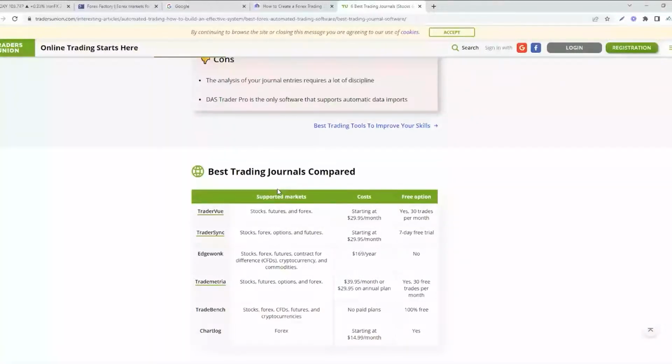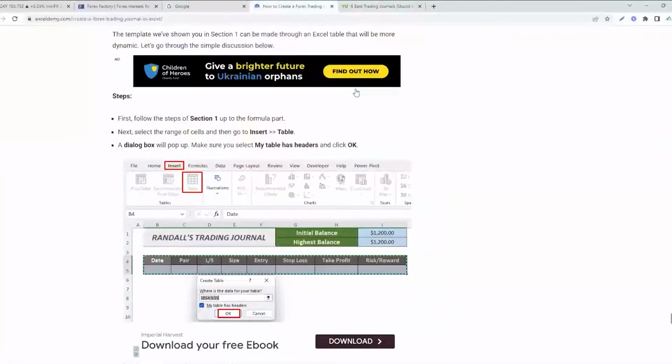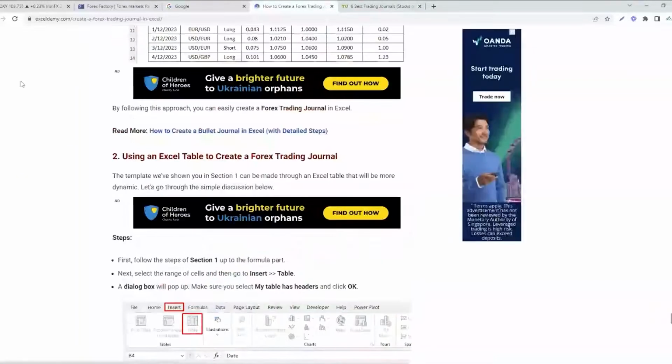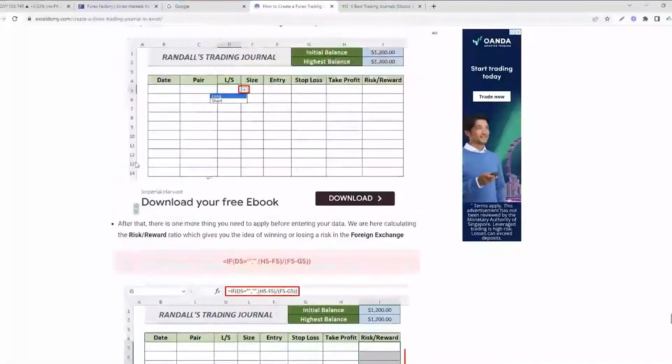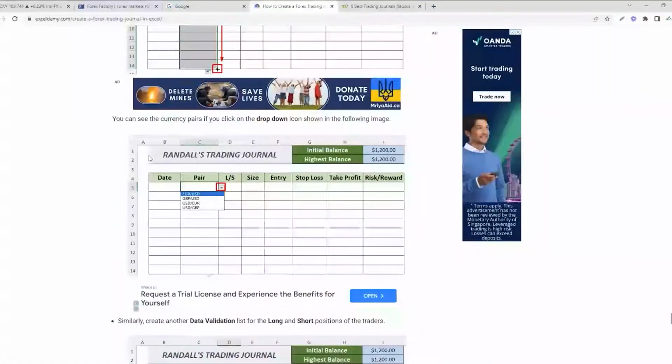So you can look through this and also do your own Google search for any other updated journals that are available. And of course, this website here, Excel Dummy, also gives you a good head start on trying to create your own manual journal in Excel.